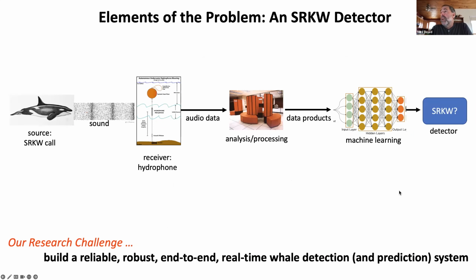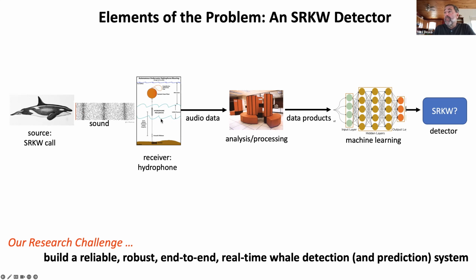So here are the general elements of the problem. We're interested in producing a southern resident killer whale detector, and to some extent have done so. Following this through, we're starting from a killer whale making a call. That call produces sound that propagates through the water to the next stage, the hydrophone.